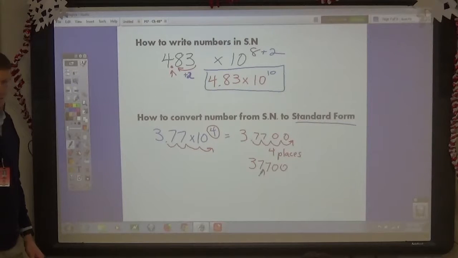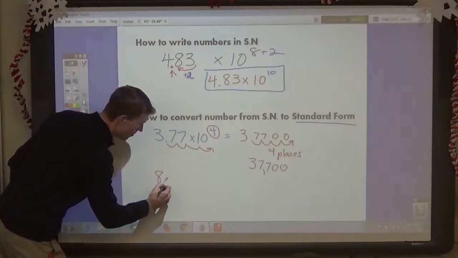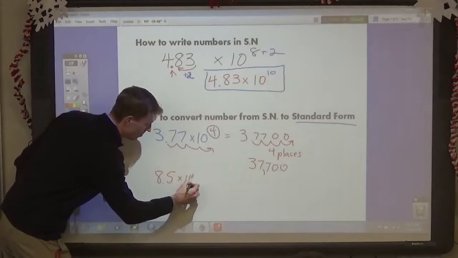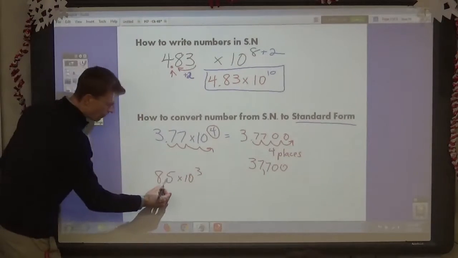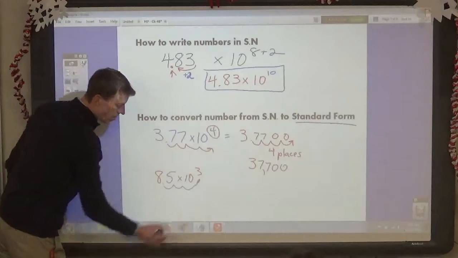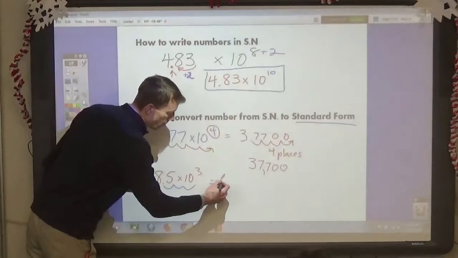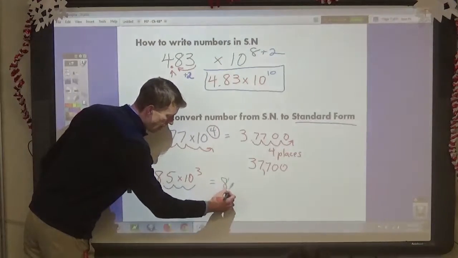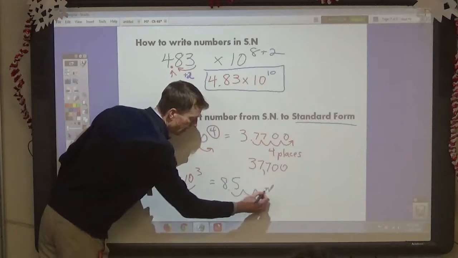Number 2. Trevor. What are we starting with? 8.5 times 10 to the 3rd power. Yep. Then we'd have to move the decimal place over 3 times. 8.5. 1, 2, 3.